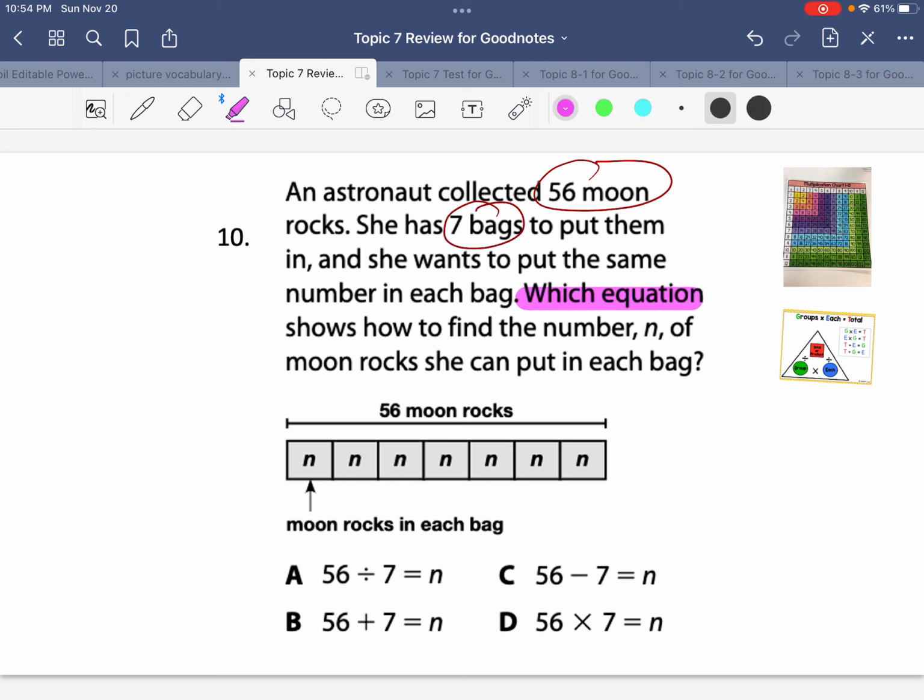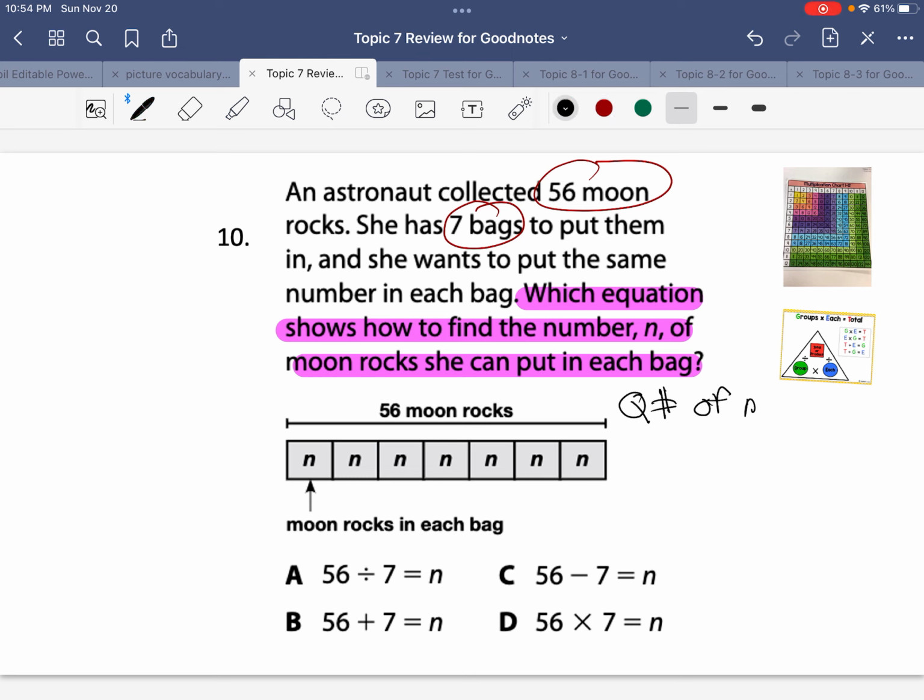Which equation shows how to find the number n of moon rocks she can put in each bag? I'm going to rewrite my question. It's looking for number of moon rocks in each bag. Underline my each.